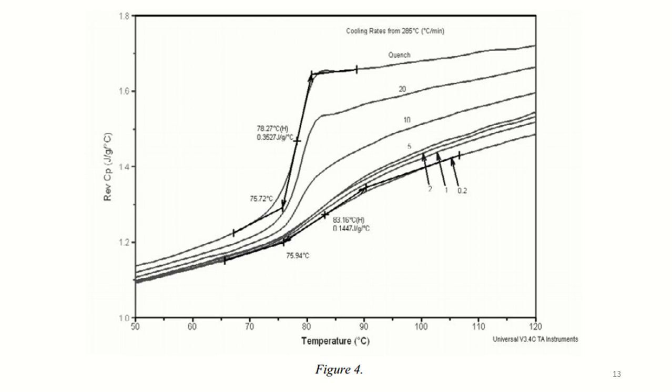To quantify the percentage of amorphous phase, the size of the glass transition may be divided by the size of the glass transition for a 100% amorphous sample.